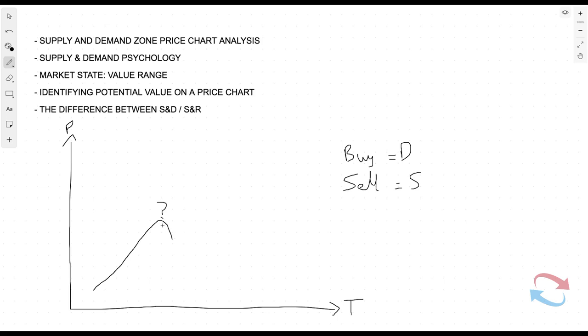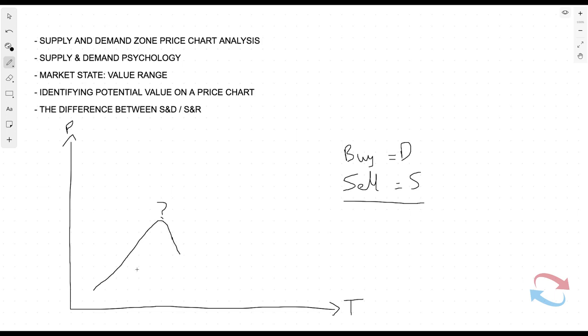We don't necessarily know, but what I would say is that the first touch of any area, or first reversal of any area, I consider to be just take profit. There are no more buyers, or real buyers, institutional buyers, coming into the market, because they bought down here and they don't necessarily want to be buying around here. What they're looking for is value. They're waiting for a pullback.